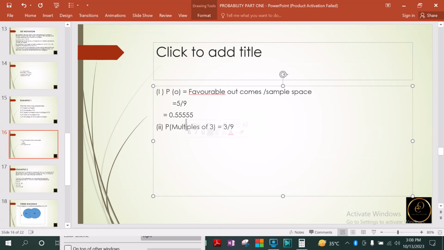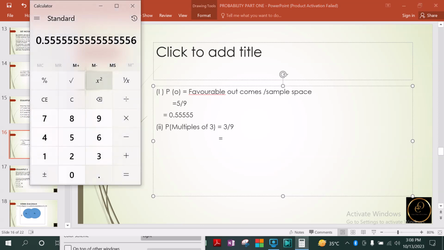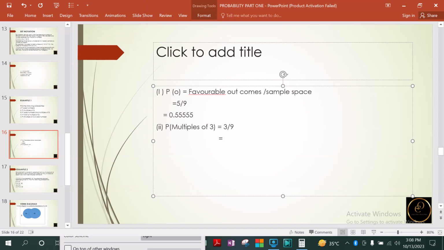Going to the calculator, 3 divided by 9 is 0.333.